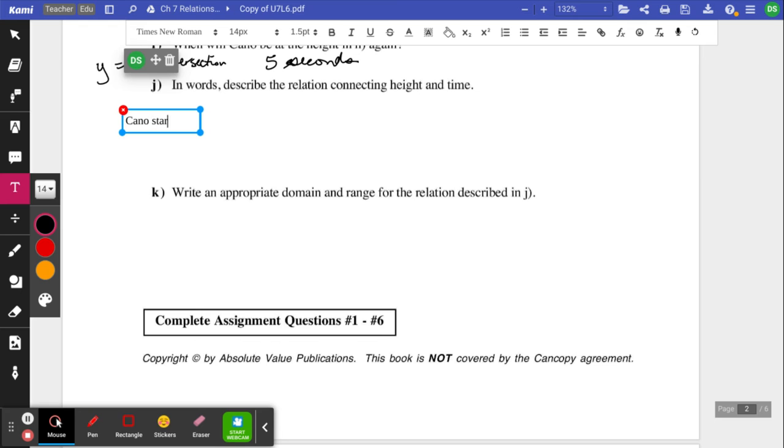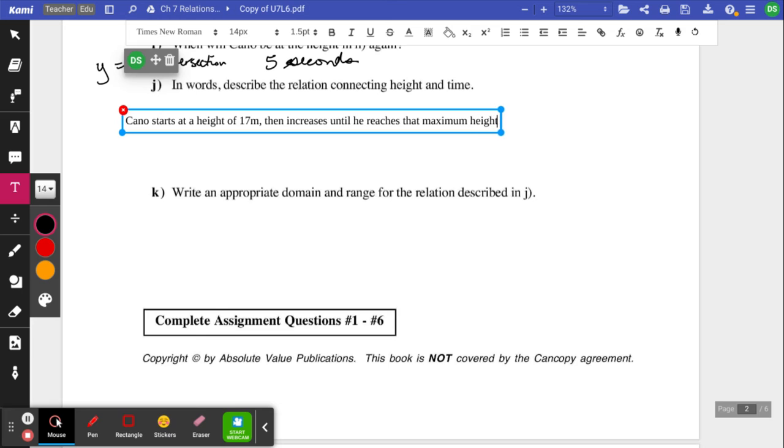Kano starts at a height of 17 meters, then increases until what? He reaches the maximum height of what? Of 21 meters. He then plummets to the ground. How do you spell plummets? Is that right?